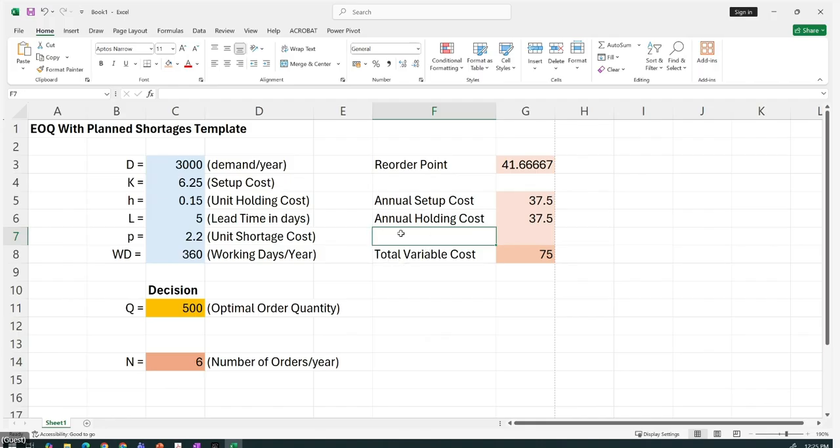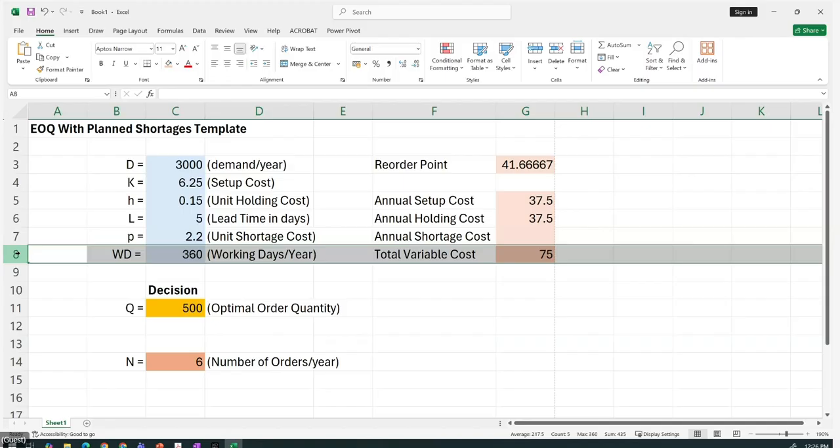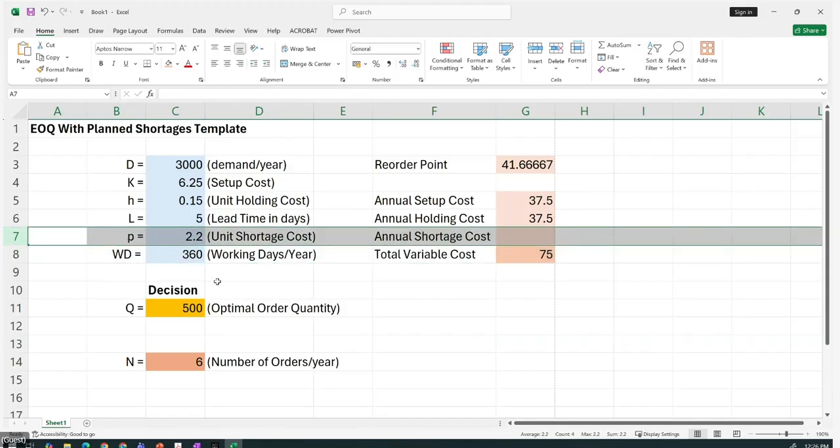And I'll compute this annual shortage cost, and I'll name this as P. Okay. So what did I do? Just above the WD row, I have inserted one new row to include the shortage cost.